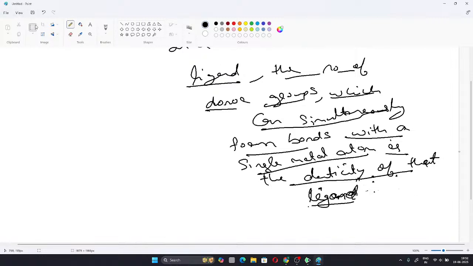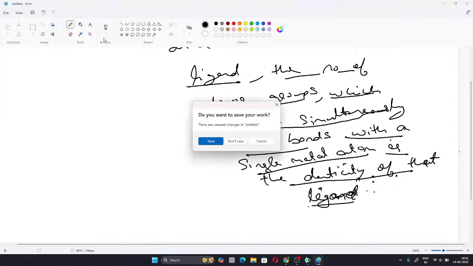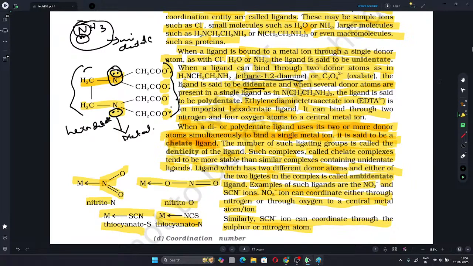This is the definition of denticity. And in ambidentate ligands, in a ligand there are two or more donating groups, but only one of the groups can actually form bonds. This is called ambidentate ligands. This we can see in case of NO2 and SCN, thiocyanato and nitro groups.